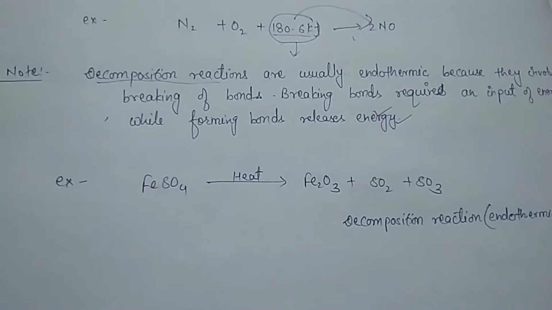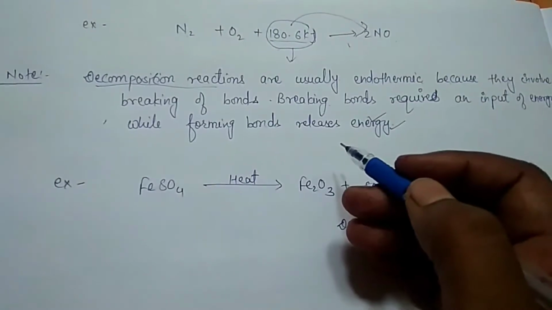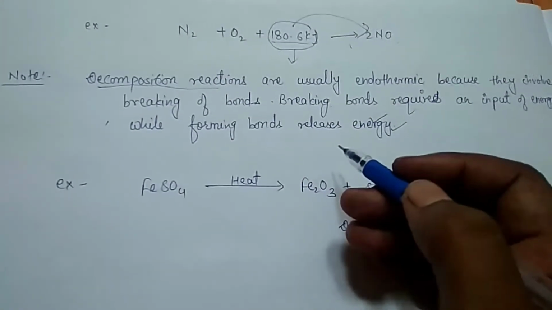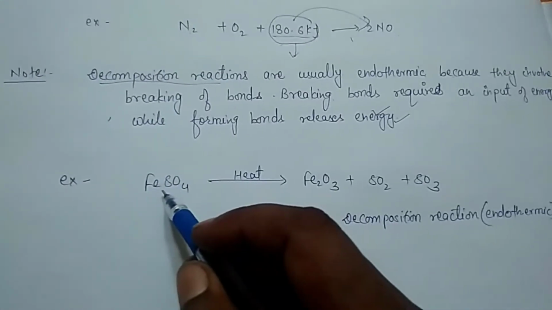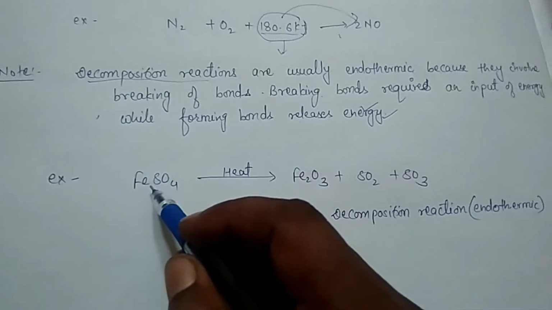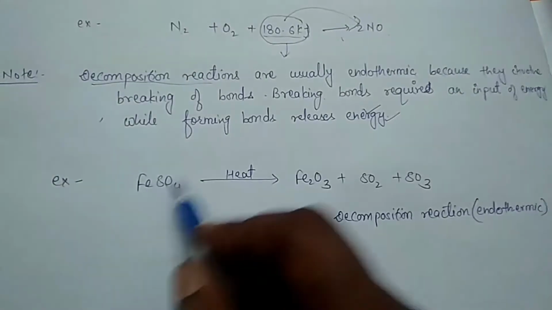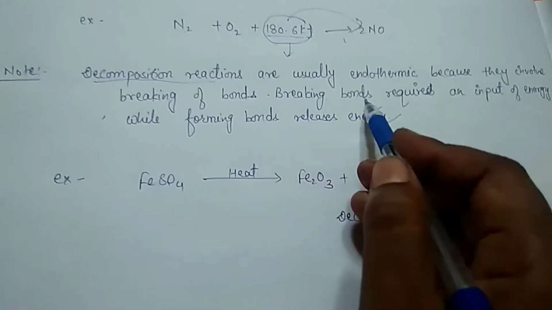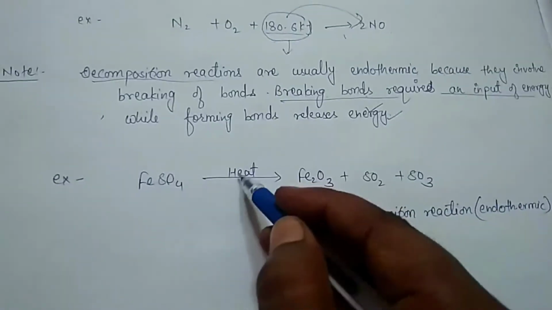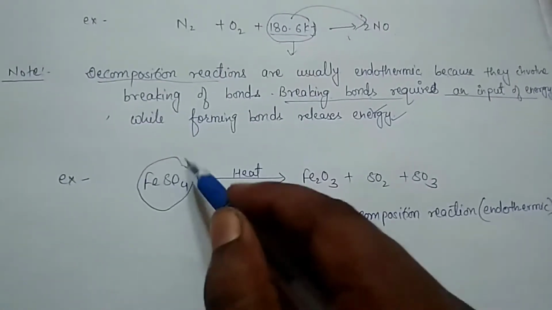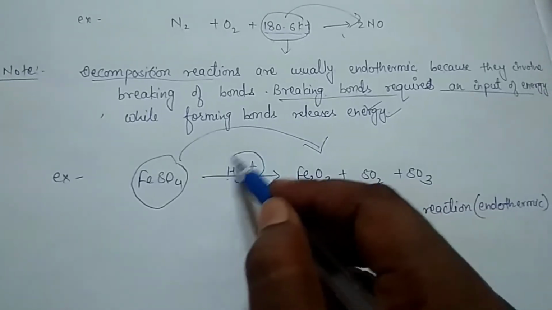I would like to remind you, in the previous lecture I explained photolytic decomposition reaction, electrolytic decomposition reaction and thermal decomposition reaction. These decomposition reactions are divided on the basis of the source provided, that is heat, light or electric current. So breaking bonds requires input of energy. In order to break it into products, it requires energy.